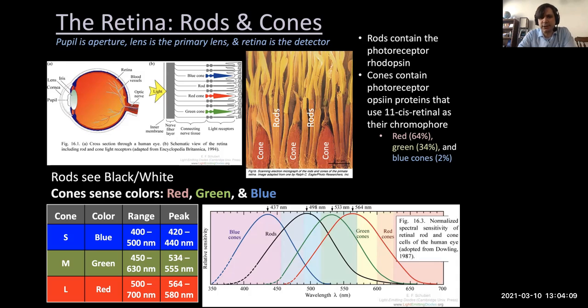You can see if we look at the sensitivity of our blue cone, the range goes from about 400 to 500 nanometers, and it has a peak sensitivity somewhere between 420 and 440 nanometers. And then we can go to the green, and it ranges from about 450 all the way to about 630. So if you have a photon in that range, the green cone will be able to sense it. And it has a peak at about 534 to 555 nanometers.